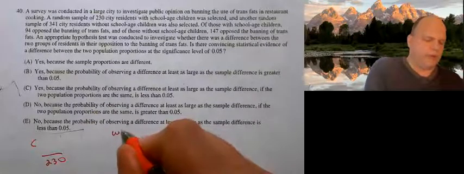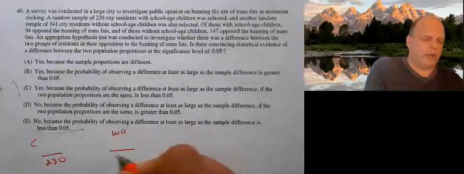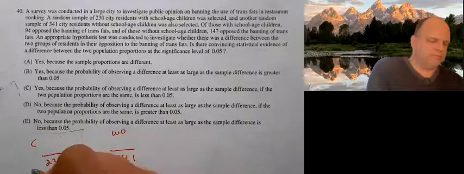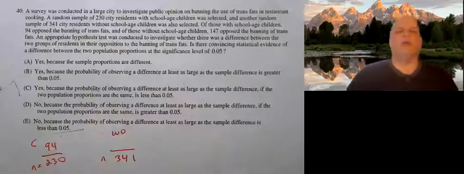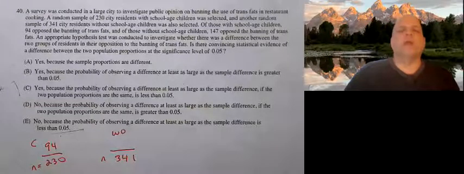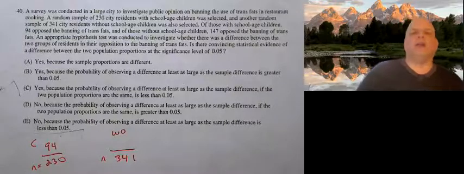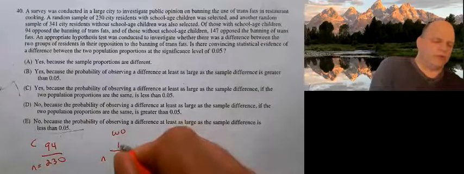And that sample was size 341. Of those with school-age children, 94 were opposed to banning trans fat, whereas 147 of those without children were opposed.